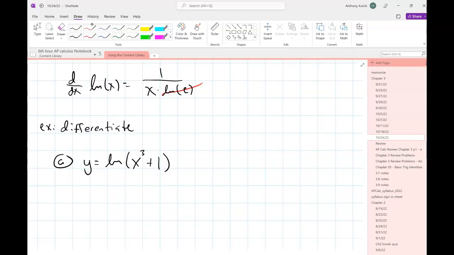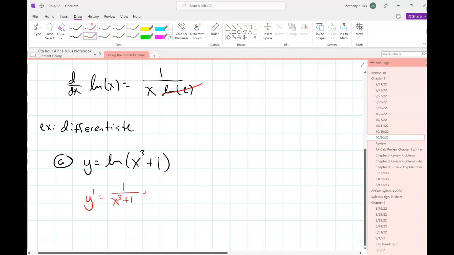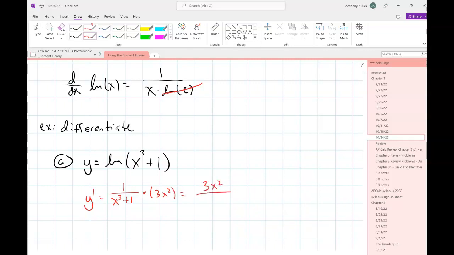Chain rule, very good. The outside function is? And the inside function is? Great. So the derivative of the outside is going to be 1 over the inside function times the derivative of the inside function, which would be 3x squared. And we'd probably just write that as the fraction 3x squared over x cubed plus 1.